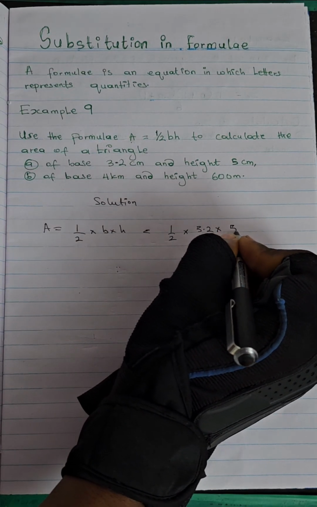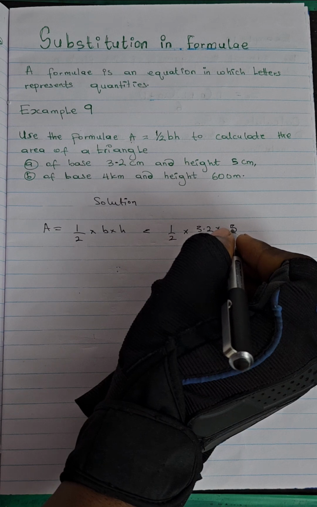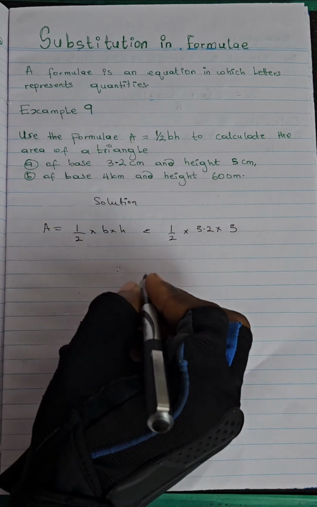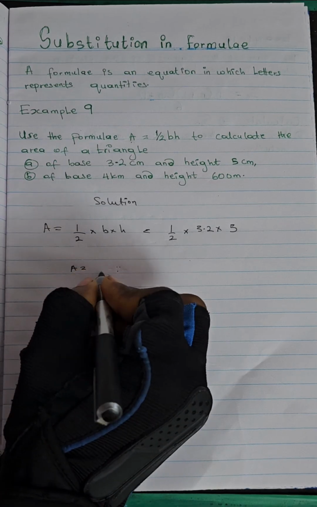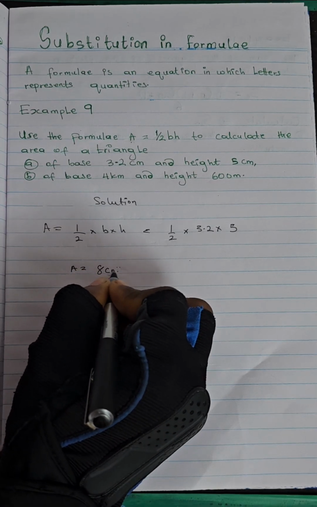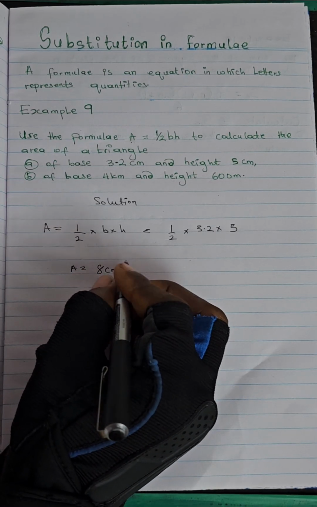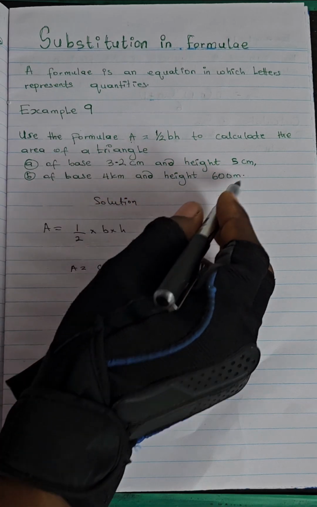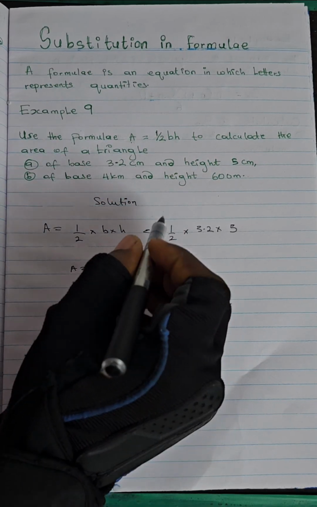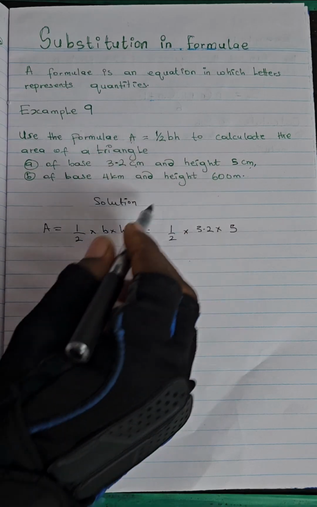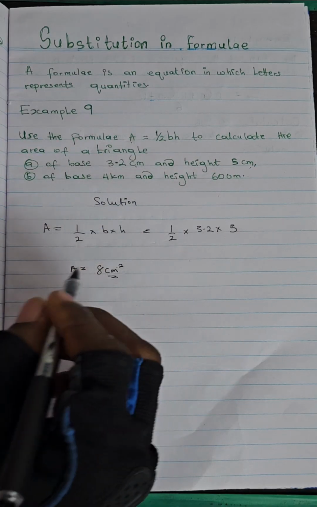Height, which is 5 cm. By the time you solve this using your calculator, you are going to get that your area is 8 cm. We are given cm, so it will be cm square. That's really because this is cm, this is cm. When the two cm multiply by each other, they will have cm square.